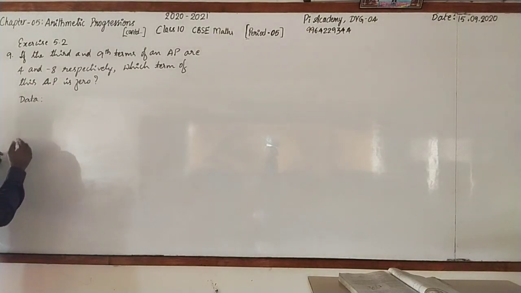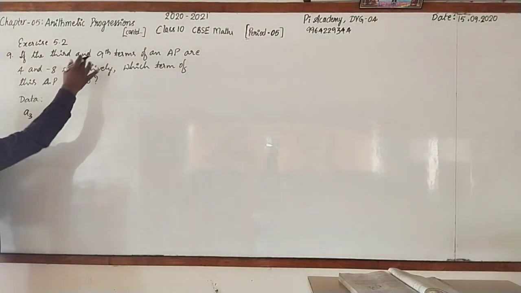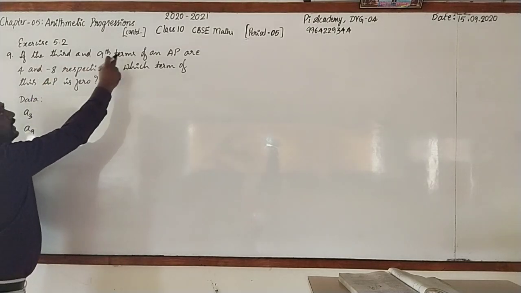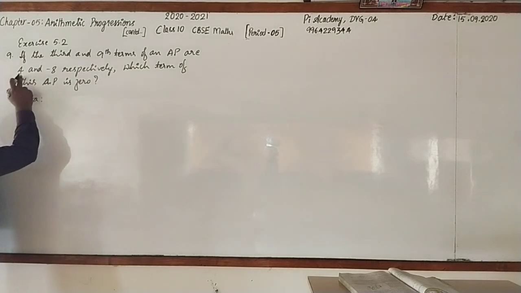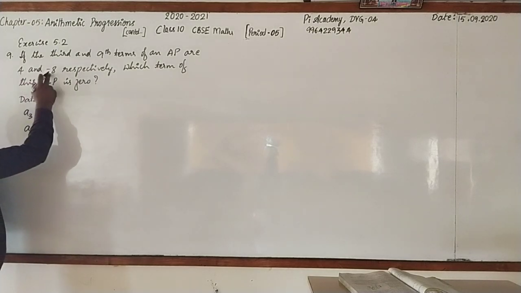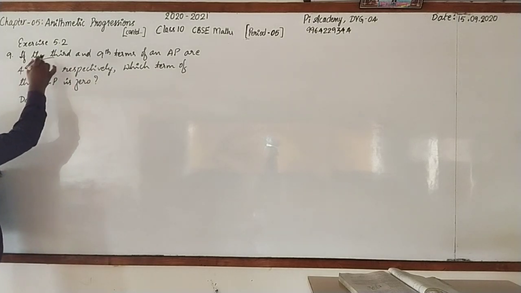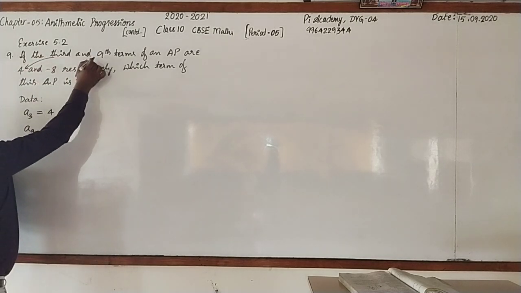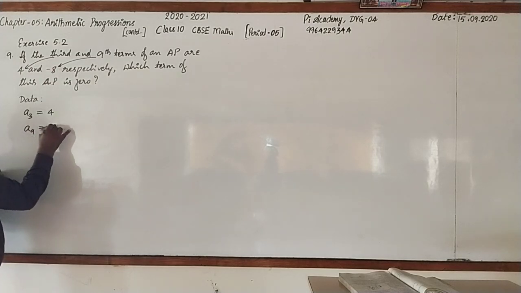How do you write the third term? It is A3. Ninth term, it is A9. Third and ninth terms of an AP are 4 and minus 8 respectively. That means the third term is 4 and the ninth term is minus 8.